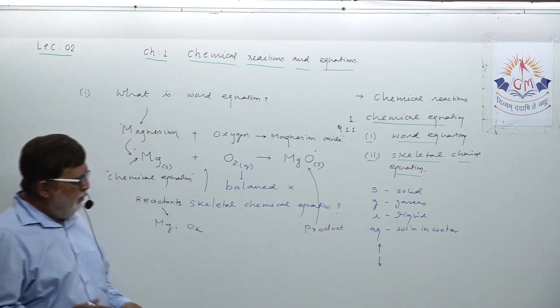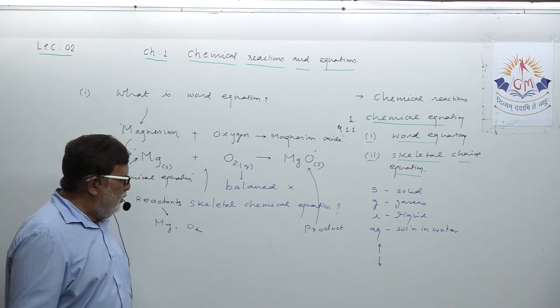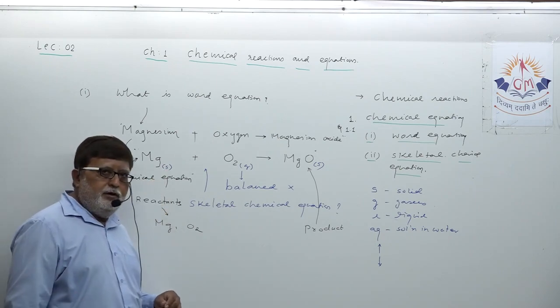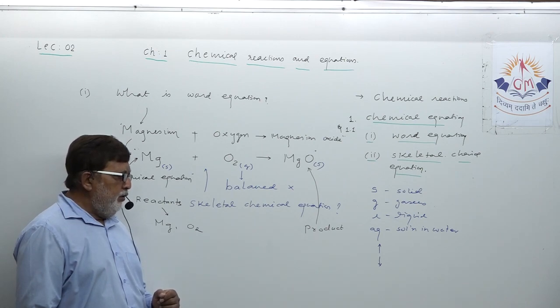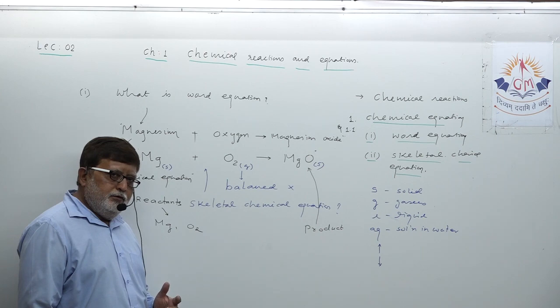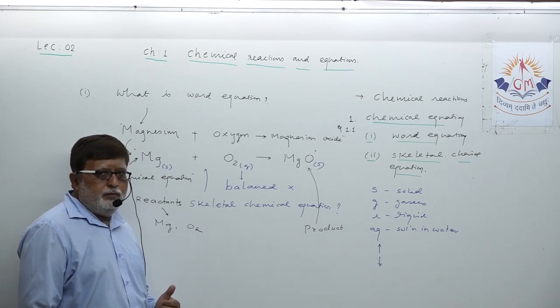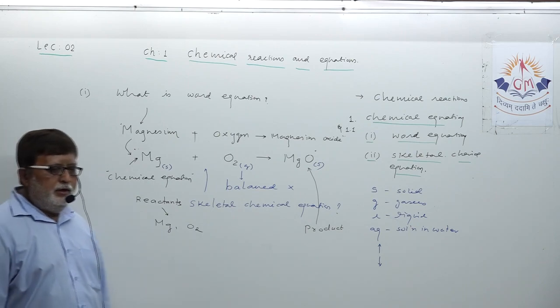So these are some of the symbols which can be written as a suffix near every symbol and molecular formula. So these are some features of writing any chemical equation.